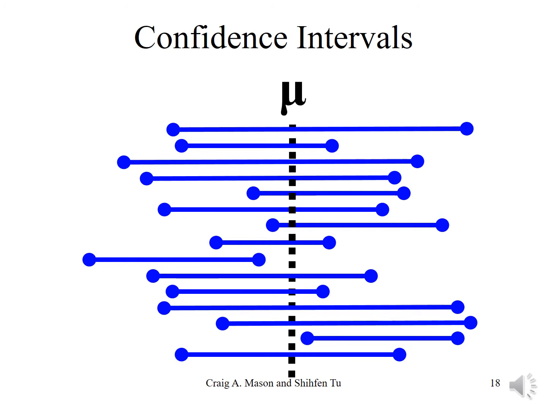Now remember, I don't actually know what the true population mean, mu, is. In this example, I'm estimating the mean of the population of people who could potentially receive the intervention. We don't know that population average, that's why we're estimating it. And notice that it's not mu that's jumping around.